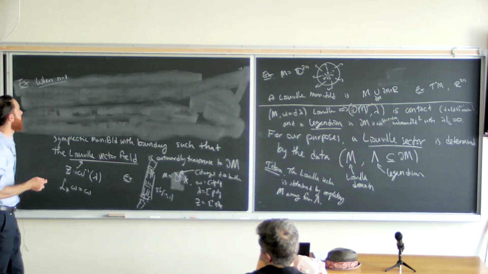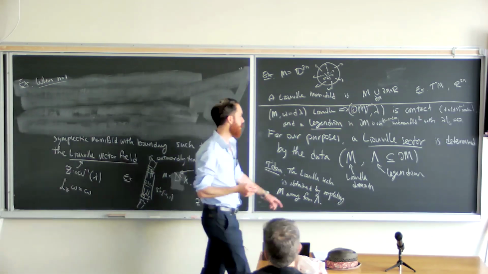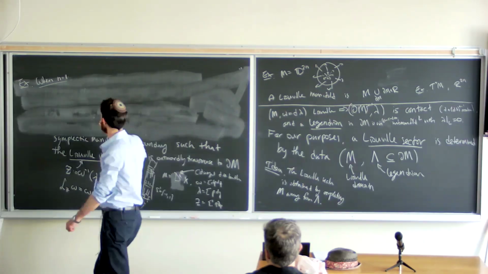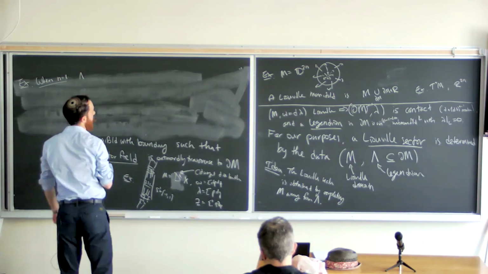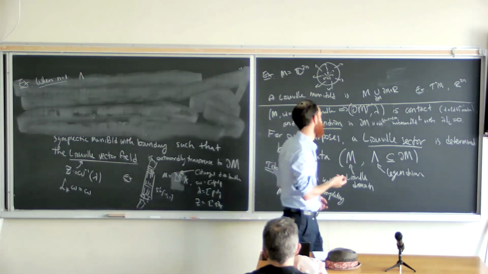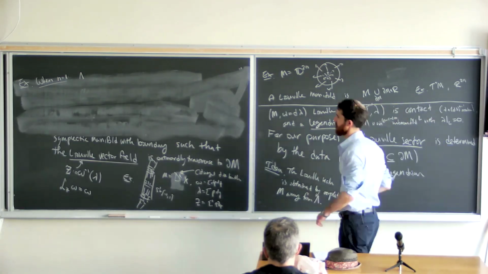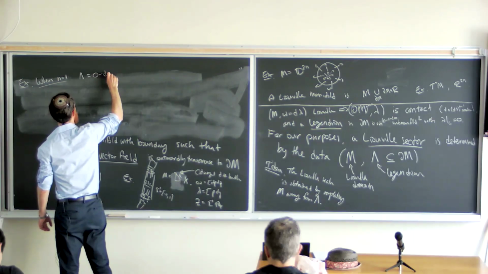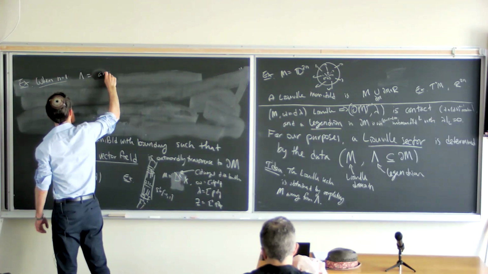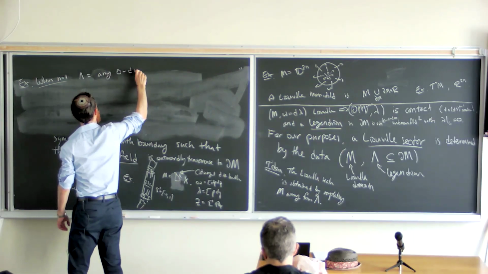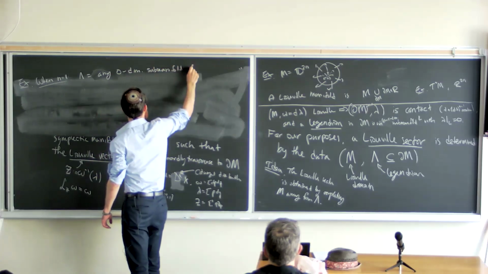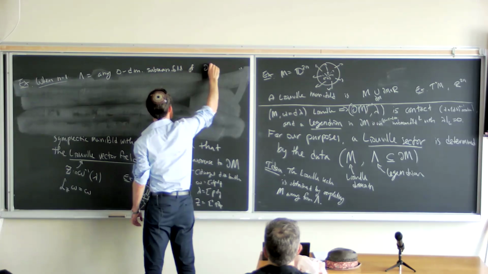When n equals 1, a Legendrian is just a 0-dimensional submanifold, and there's no further condition on being Legendrian besides that. So when n equals 1, lambda is any 0-dimensional submanifold of the boundary of M.